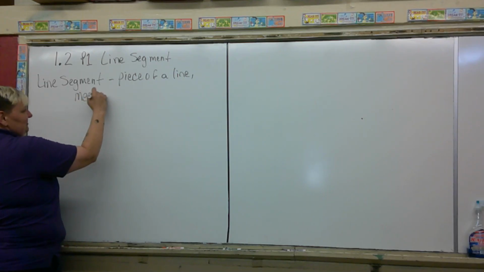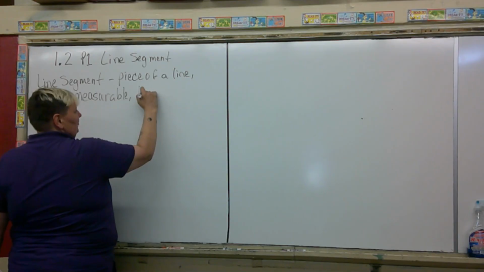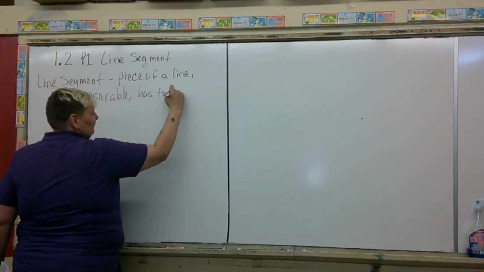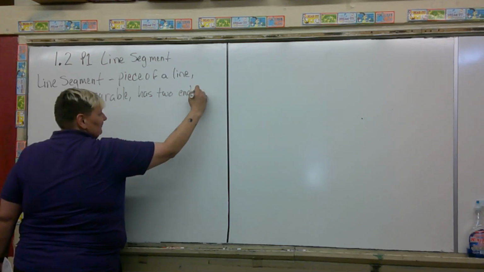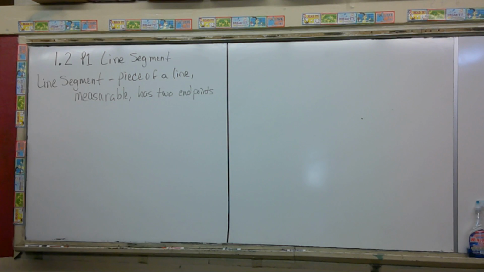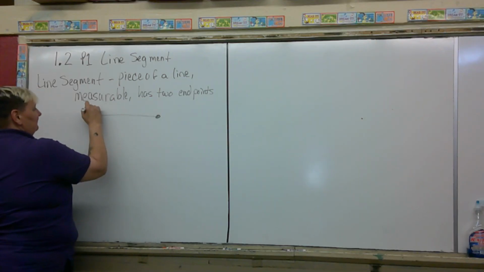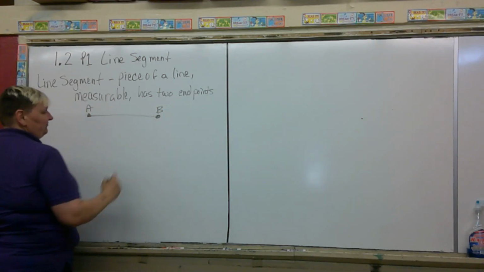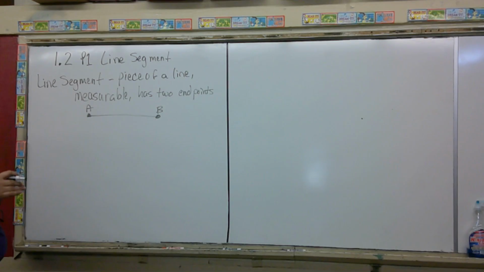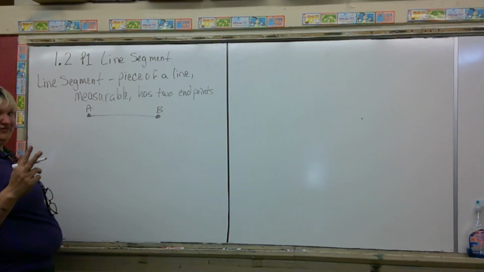You can find the distance, and it has two endpoints. Right? So it's going to look something like this. When you find the distance of this segment, you could write it two different ways.